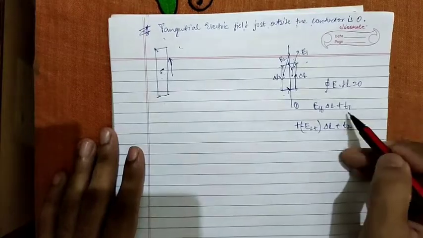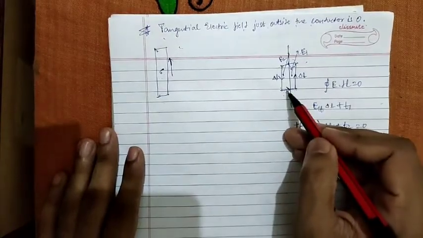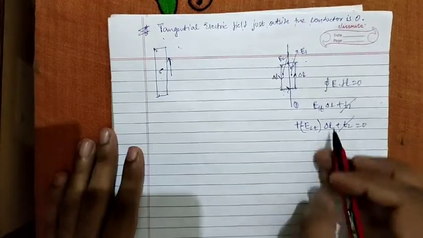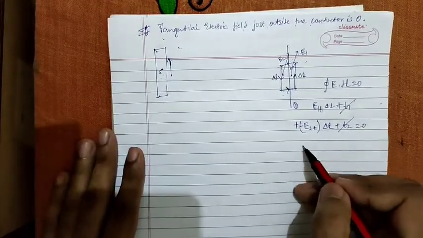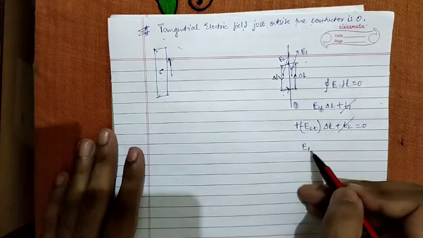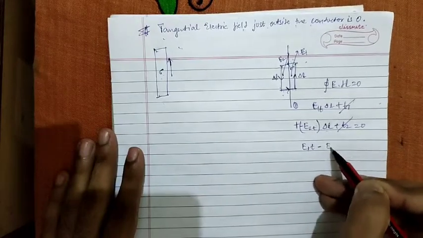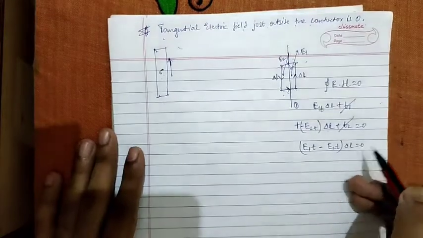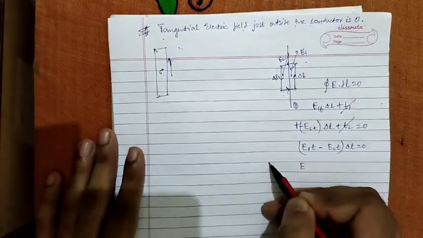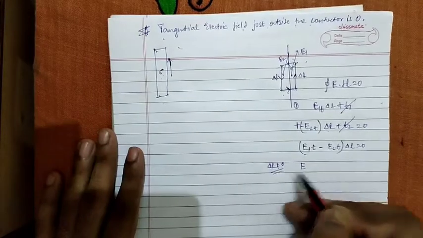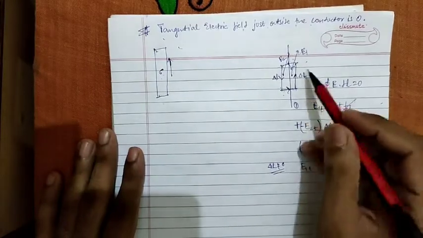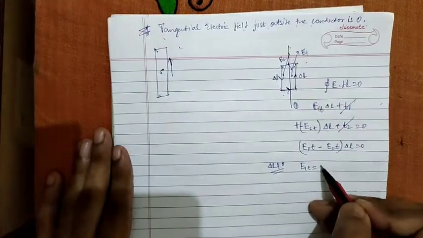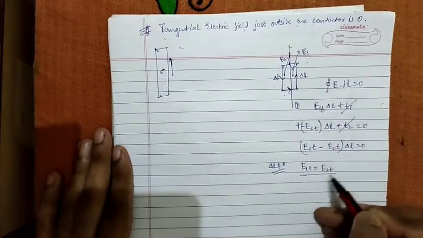As we are saying that the width of this loop is very small, we can diminish this quantity, and we will be left with E1t minus E2t times delta L, which, since delta L is not equal to 0, shows us that the tangential component along a surface charge is equal to the tangential component at the other surface.